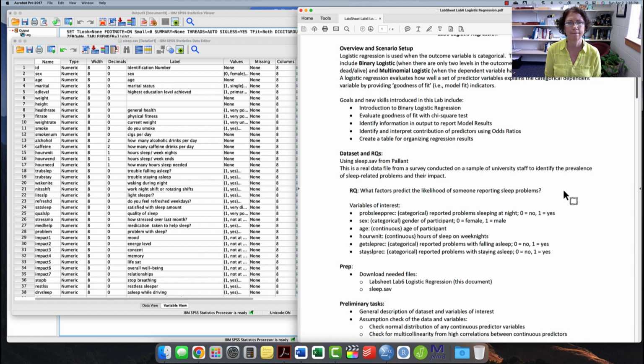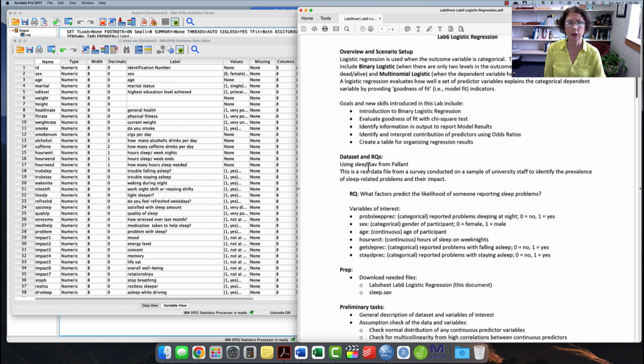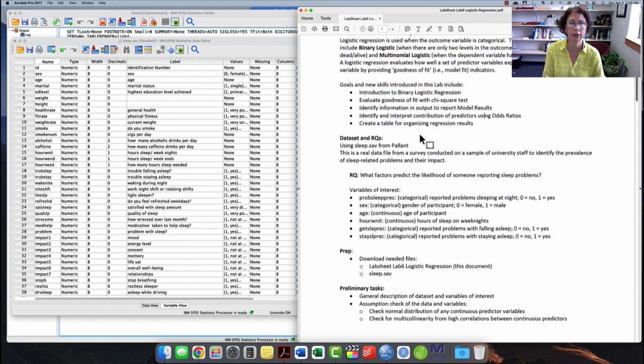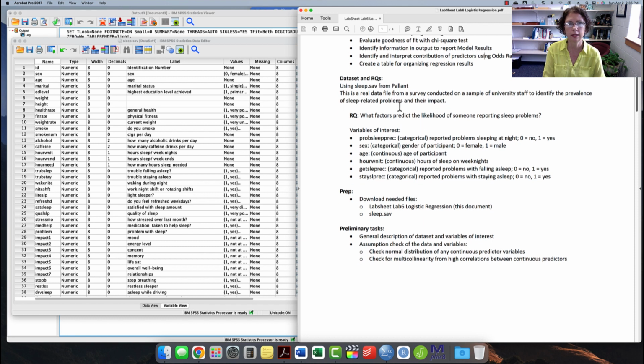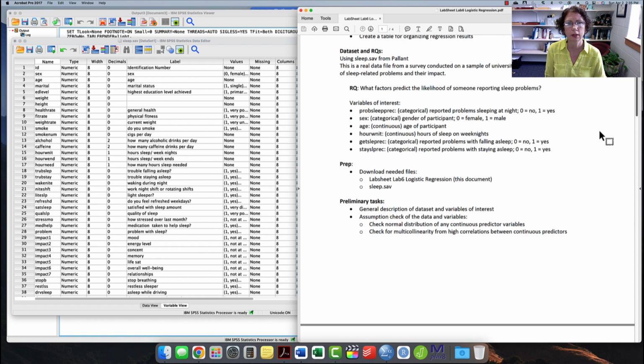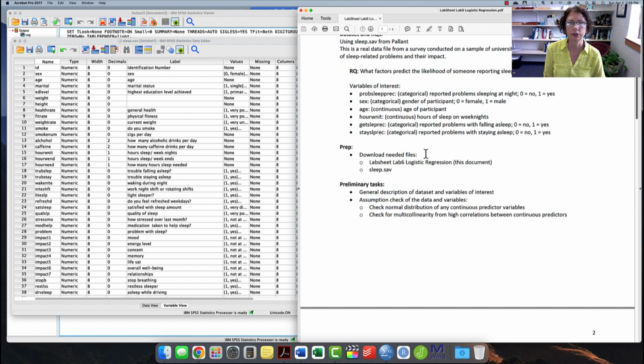So go ahead and open up your sleep.sav file, which is from the Pallant website for the book. And this is a real data file of a survey conducted with university students and staff to identify sleep-related problems. The variables of interest we want to take a look at are the outcome, which is categorical.